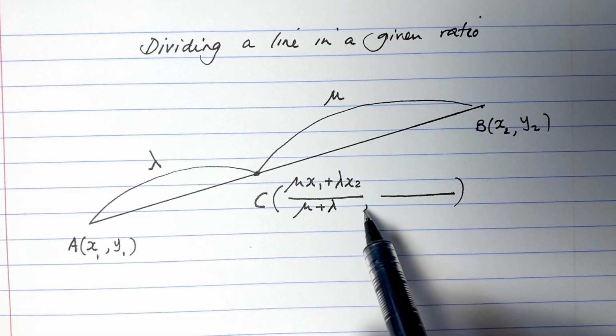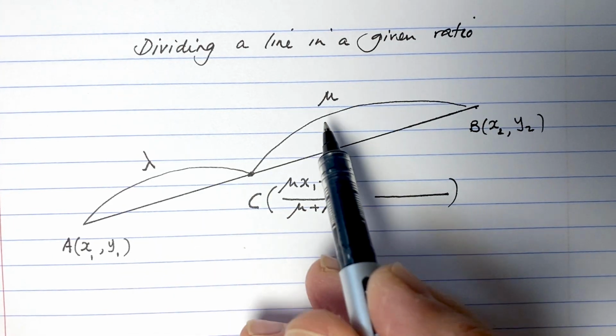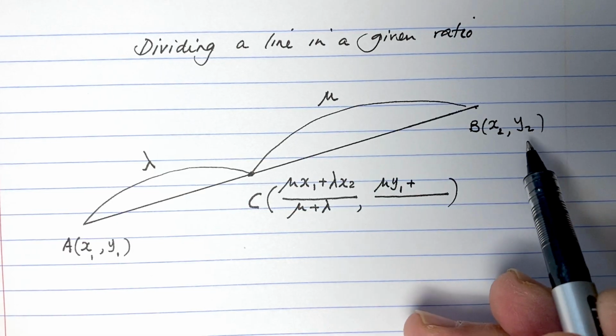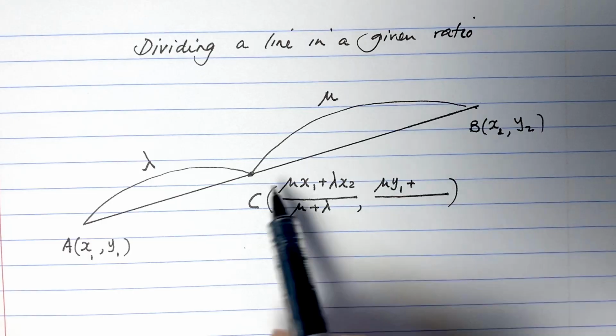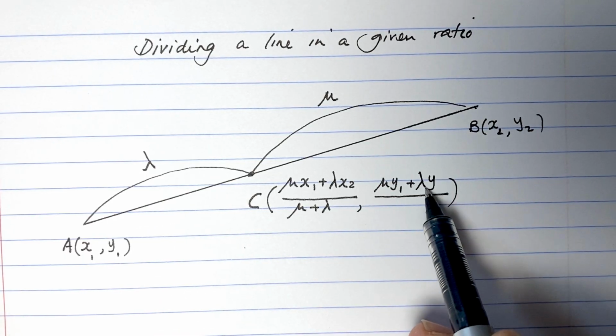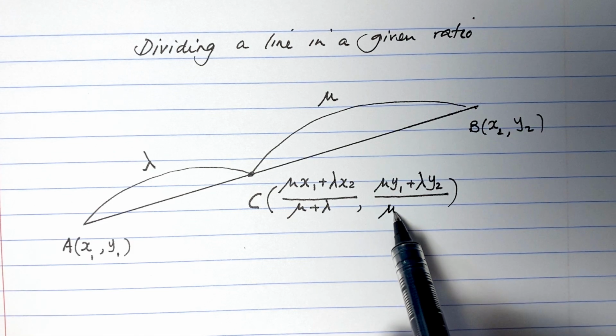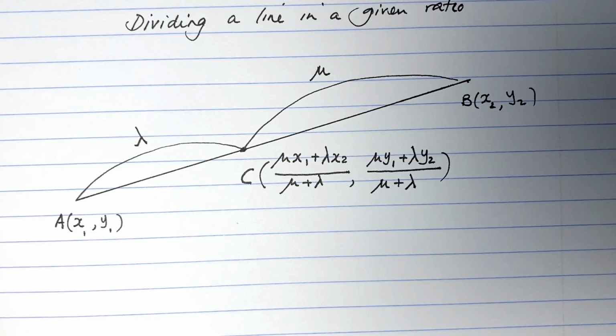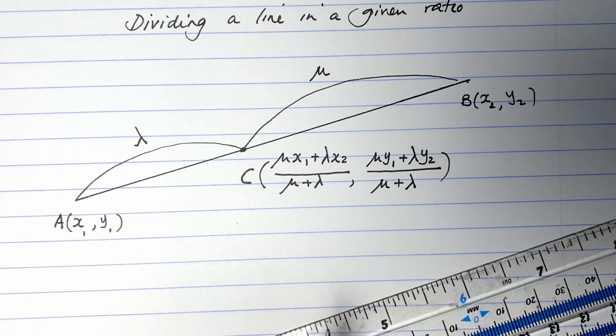And the same for the y value: mu y1 plus lambda y2 over mu plus lambda. It's a very useful formula.